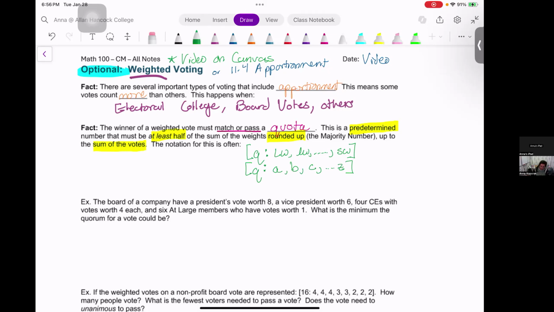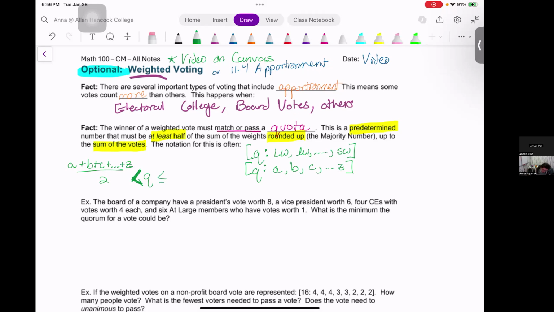Okay. Now, again, this quota must be bigger than everybody added up and then divided in half. But you'll notice that it has to be strictly greater, not just greater or equal, strictly bigger, aka that 50% plus, okay?